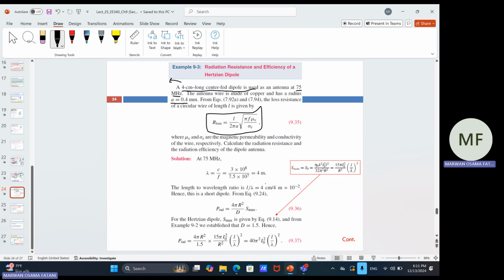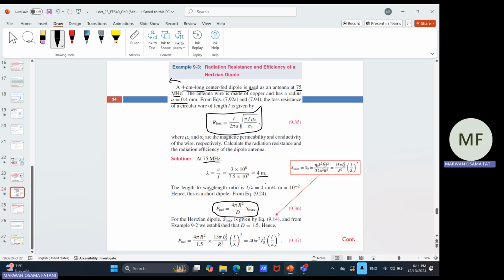So, wait, I cannot find my mouse. Okay, it's right here. Good. So we're trying to find P rad, and to do that, we need to start by finding our lambda, which is simple. We already have the frequency, 75 megahertz. This formula is used to find lambda: wavelength equals speed of light over frequency, and we get 4 meters.